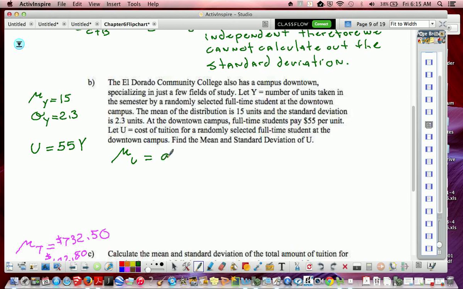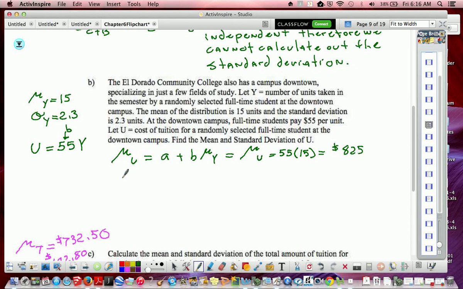It's actually A plus B times the mean of Y. So for A, we have no adding or subtracting, but B is 55. So the mean of U will equal simply 55 times the average number of credits. So the average cost of tuition for a downtown student, if I multiply those together, is $825.